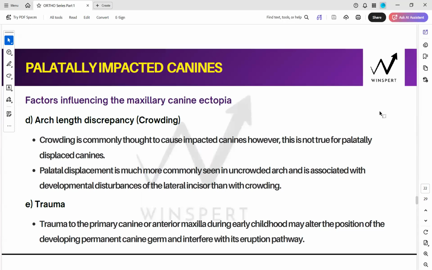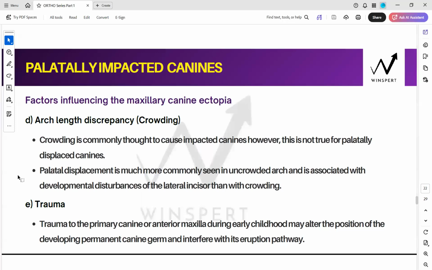Another cause is trauma. Trauma to a primary canine or the anterior maxilla can also change the position and interfere with the eruption pathway of the canine. It is not a very common cause, right? There has to be an appropriate history.